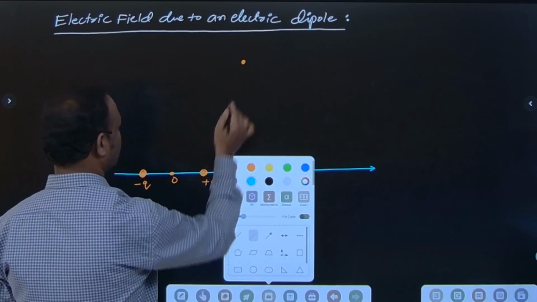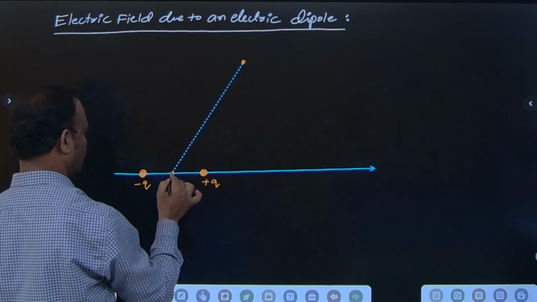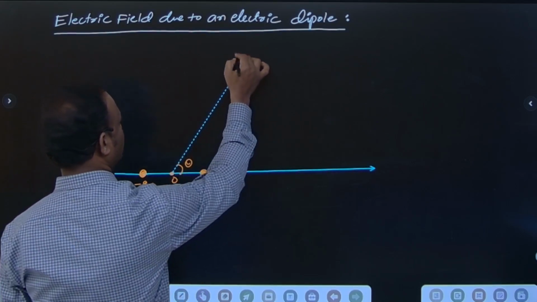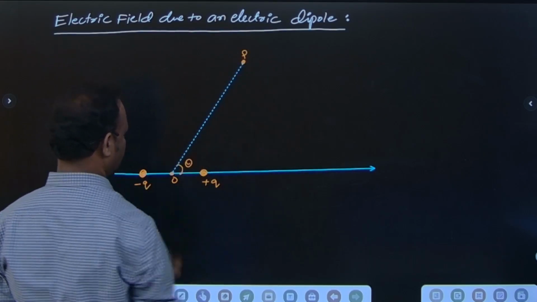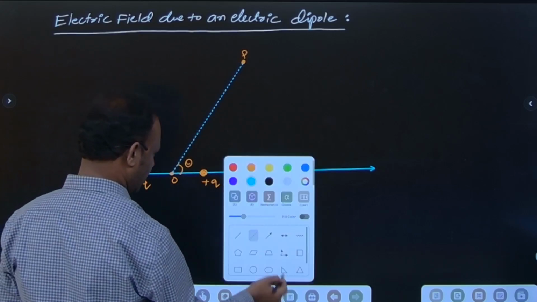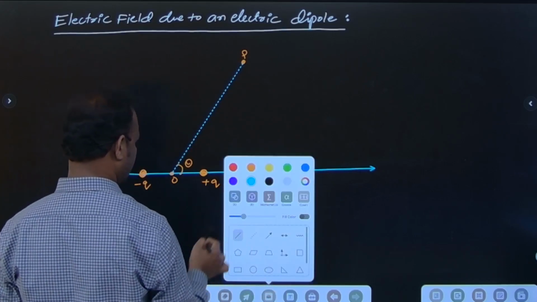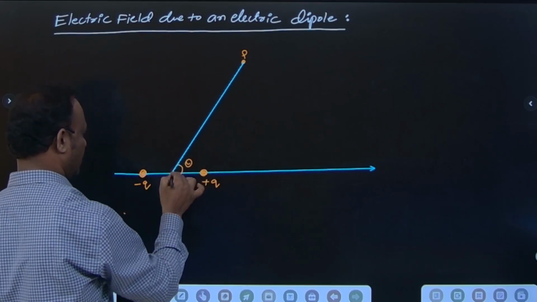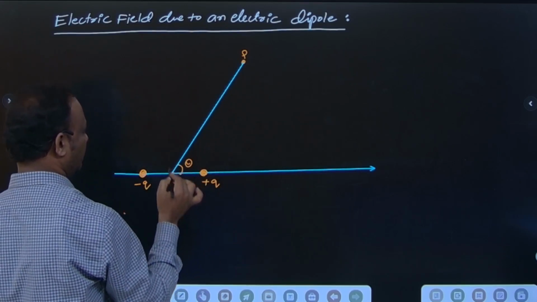Let this be the point P. Next, I'm choosing this regular line, which makes an angle with this.